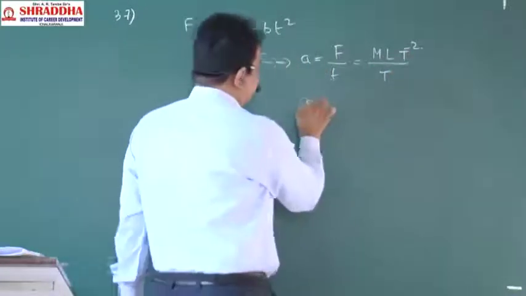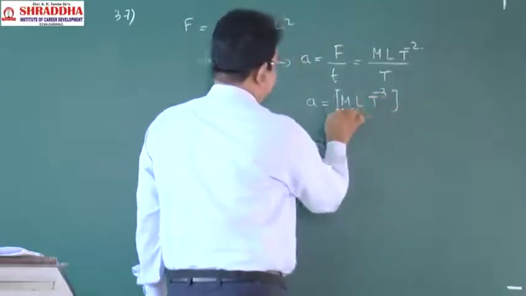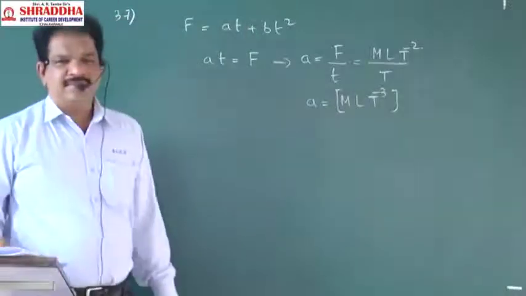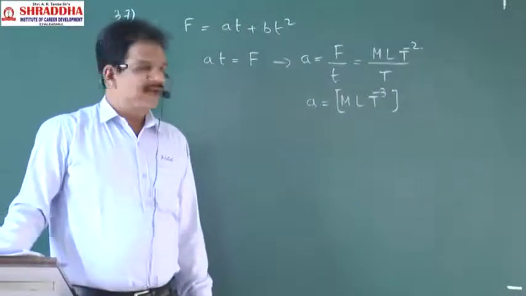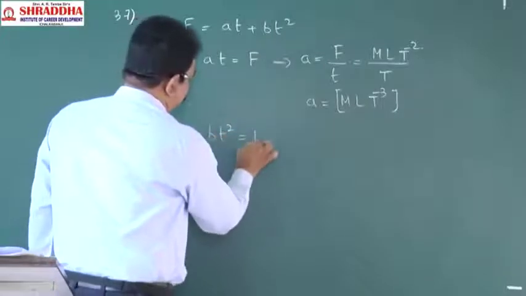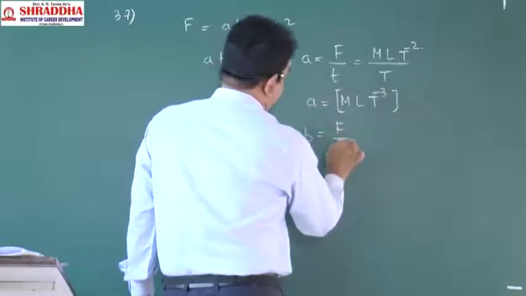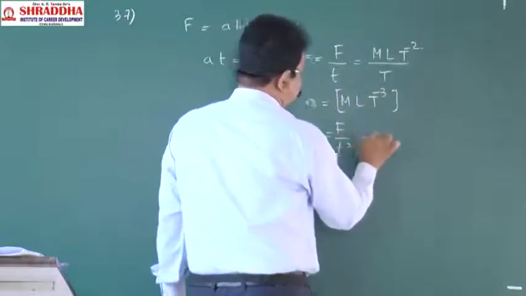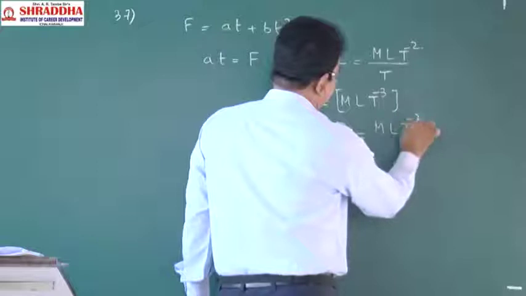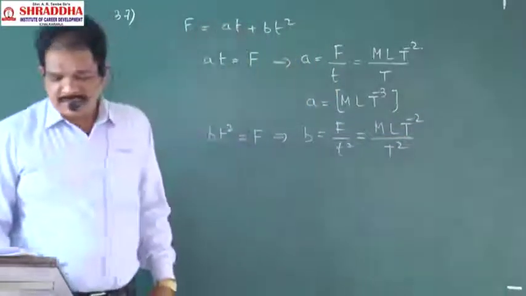M L T power minus 2 by T. So A value is M L T power minus 3. That is the A value. Next, B T square is equal to F. B is equal to F by T square, M L T power minus 2 by T square.